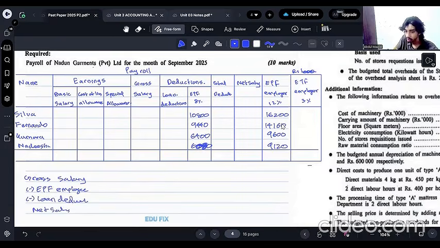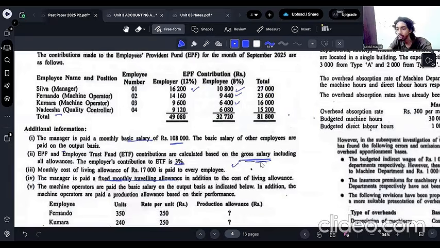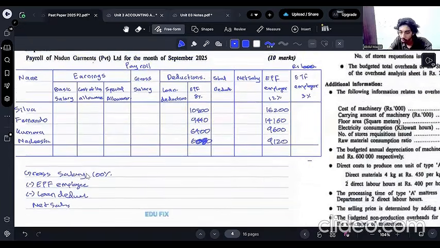Now you know your gross salary is 100% because EPF is calculated based on gross salary. In this question, they are clearly saying EPF and ETF are calculated on gross salary. Then, if the gross salary is 100%, the EPF employee is calculated on 8% of that 100%.